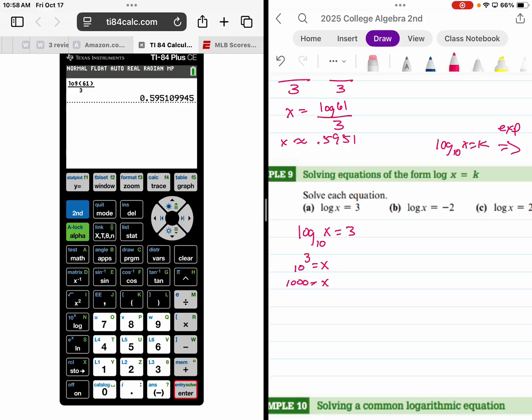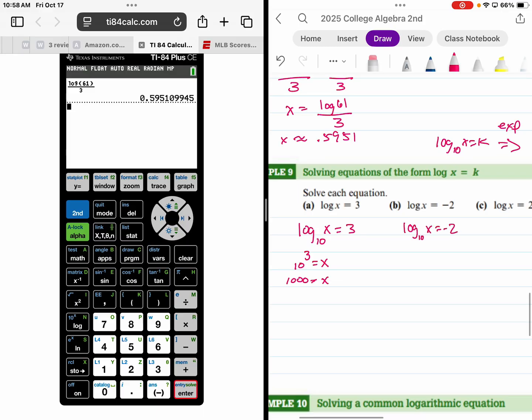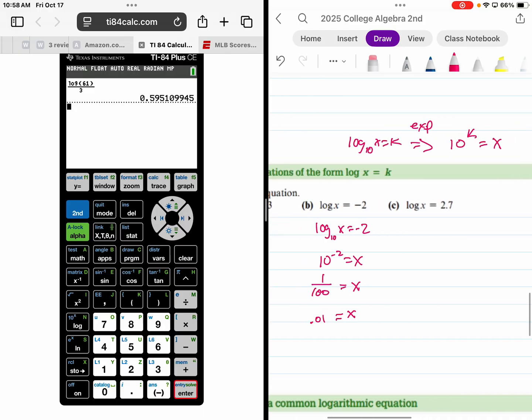On B, again, remember it's log base 10 of x equals negative 2. So 10 to the negative 2 equals x. X is equal to 1 over 100, or x equals 0.01. Again, the reason why I keep rewriting that 10 in there, because sometimes we forget that there's a 10 there.